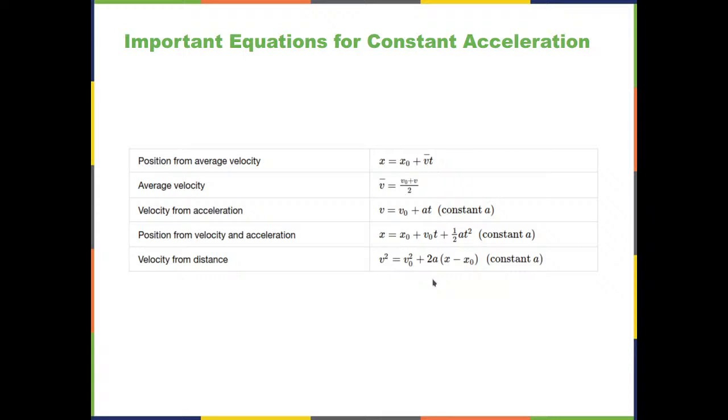Think about that for a second. What's the formula that will give us x in terms of x0, which is 0, v0, which is 0, and the time and the acceleration, which are given? Well, in this case, it is indeed just simple plug and chug. It is this formula here, position from velocity and acceleration.